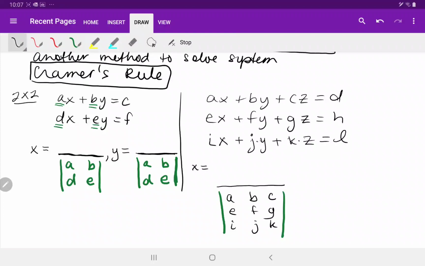Okay, so how it works is if you're solving for x, I'm going to highlight this with x. If I'm solving for x, then I put the constants in the column where x is usually. My x column is the first column, so I'm going to put the constants in the x column.